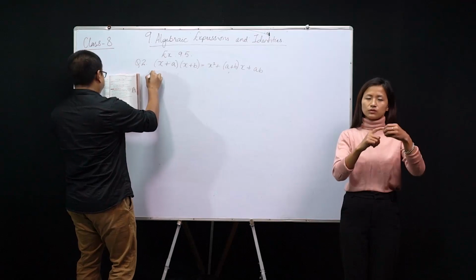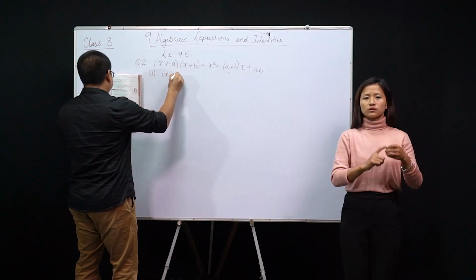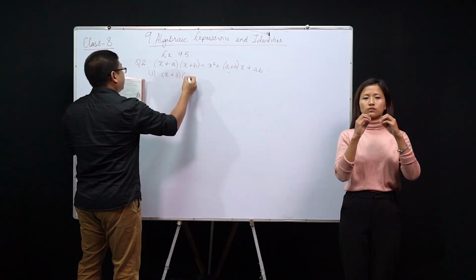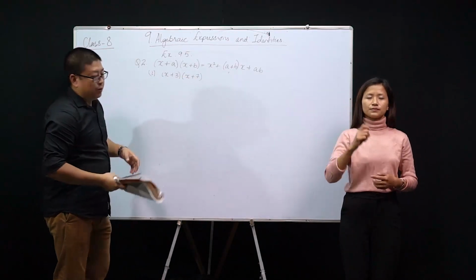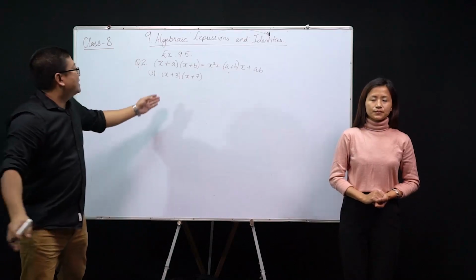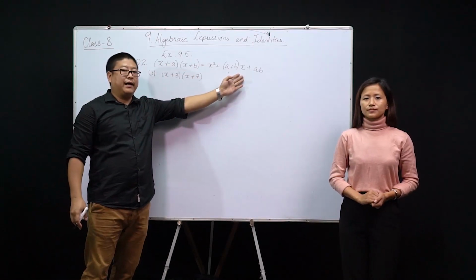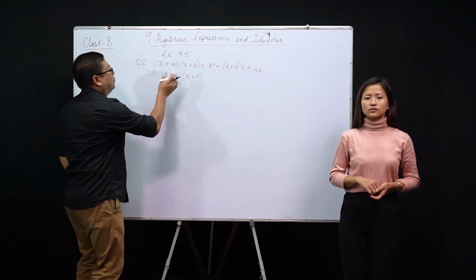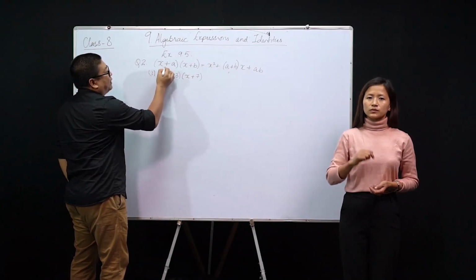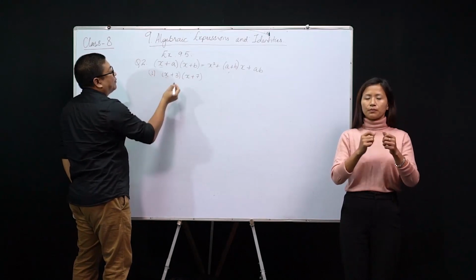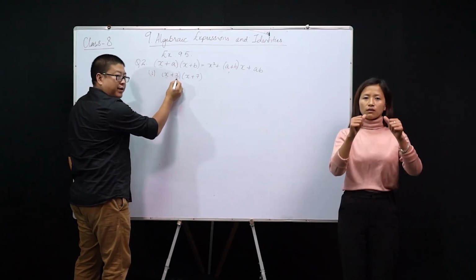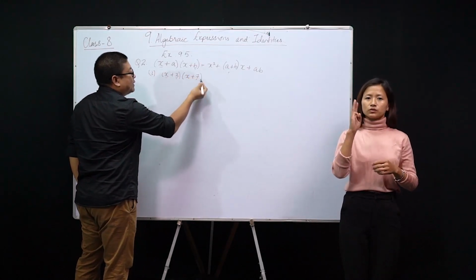So the first question is (x plus 3) into (x plus 7). We're going to use this identity that they have provided us with. If you compare these two expressions, your x is the same, but your a will become 3, your b will become 7.